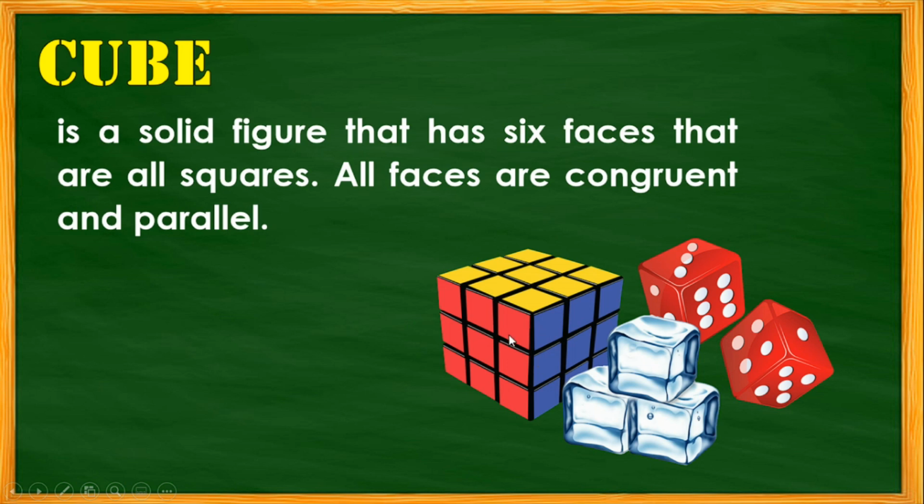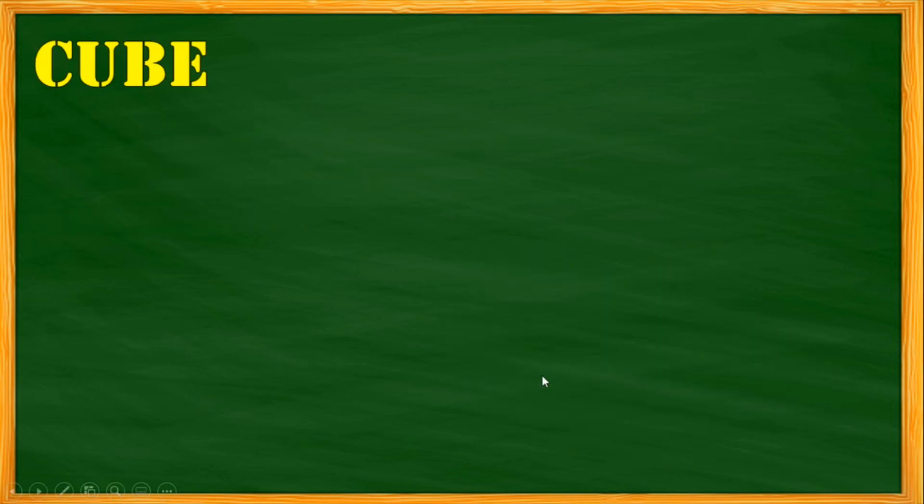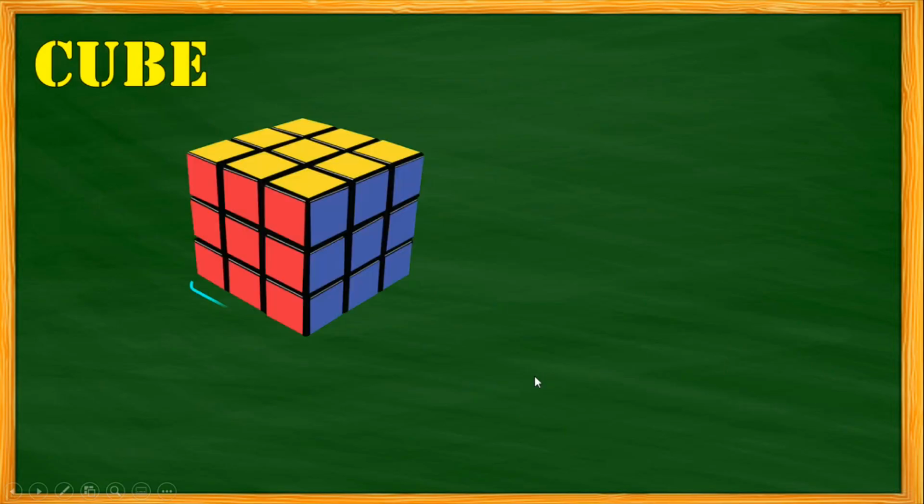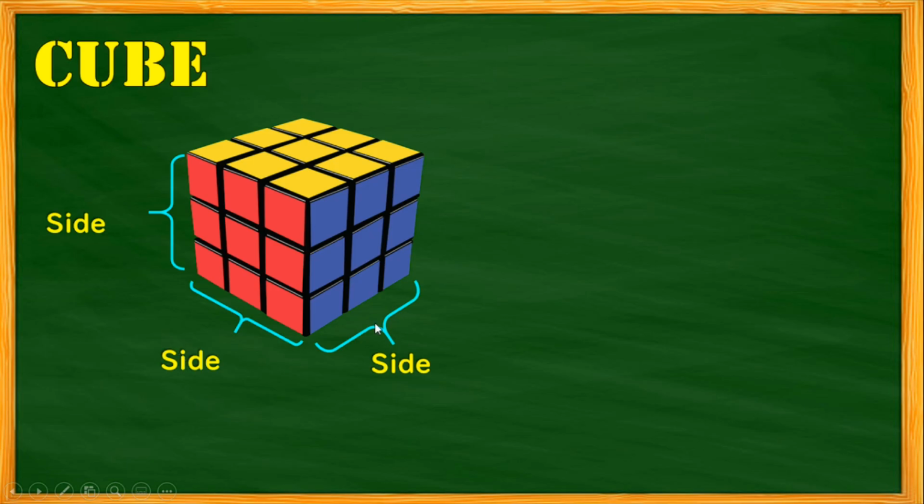This would be a Rubik's cube, and this would be an ice cube, and this would be a dice. Now, a cube has a side and another side and another side. So we have a length, a width, and a height.